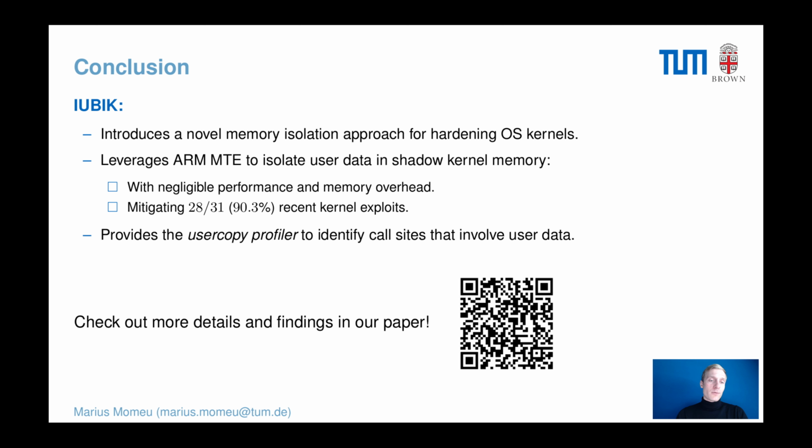UBK also provides a new memory allocation framework, and a memory profiling framework called the User Copy Profiler that is able to identify various call sites that involve user data. Now check out our paper to see more implementation details and interesting statistics from our evaluation. For example, we had to use ARM's pointer authentication to protect some pointers in some corner cases in UBK. Thank you for watching.